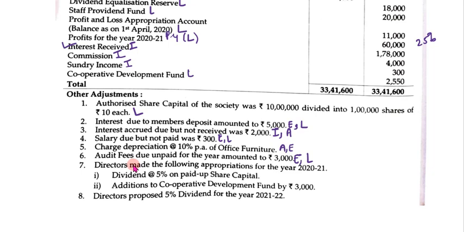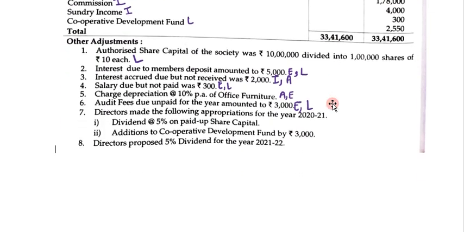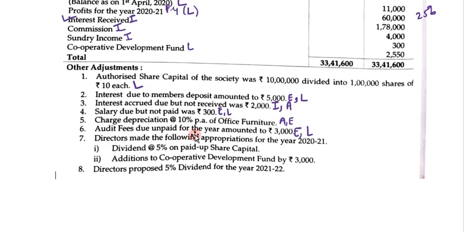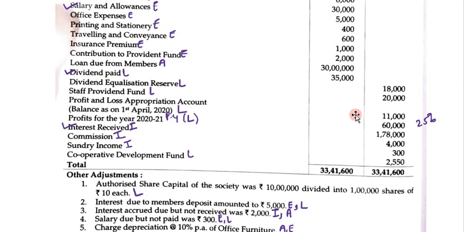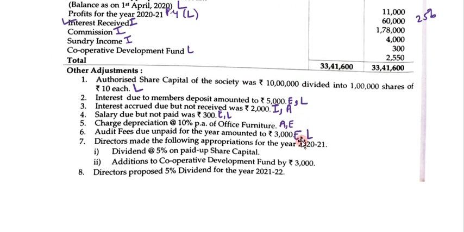Dividend 5%: dividend at 5% on paid up share capital. So on share capital there is a dividend, that is on 7,50,000 we have to find 5% dividend. And then, how much dividend is paid, and the remaining balance will be called unpaid dividend.